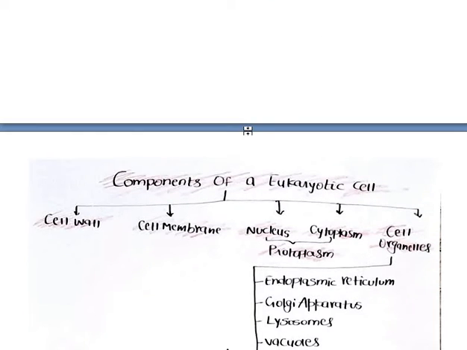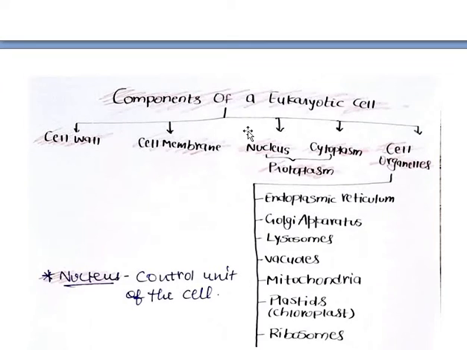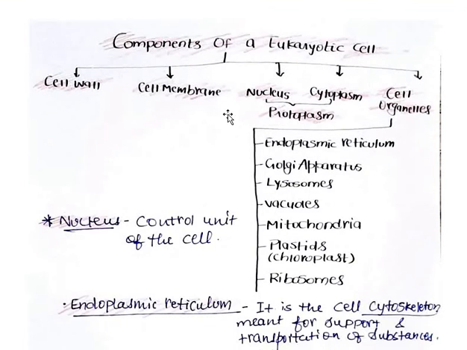So now if we look at the components of a particular eukaryotic cell, I'm not talking about animal cell or plant cell, I'm including the components of both cells.